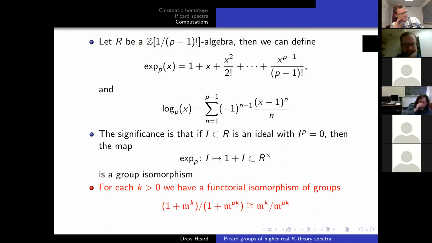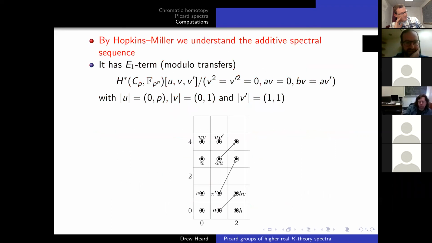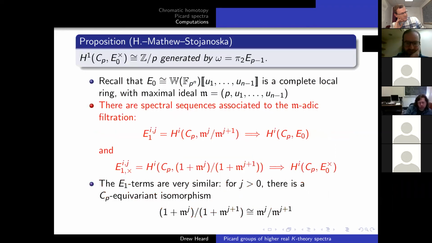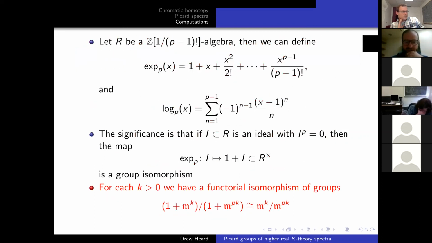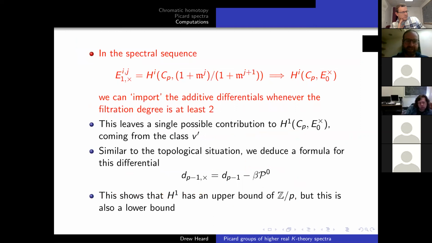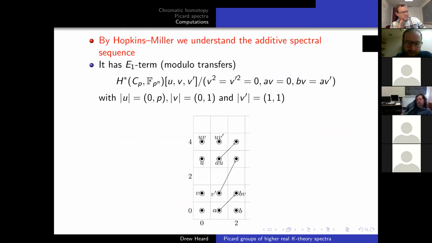And if you study these two spectral sequences and unwind what's actually happening on the higher pages, this fact tells you that when you have a ring R like this, you can import the additive differentials whenever the filtration degree is at least 2. Okay, so above this line here, we can import all the differentials. So this class also dies, I guess.